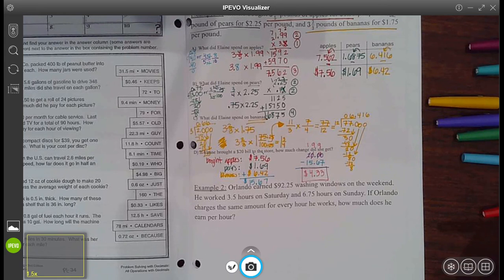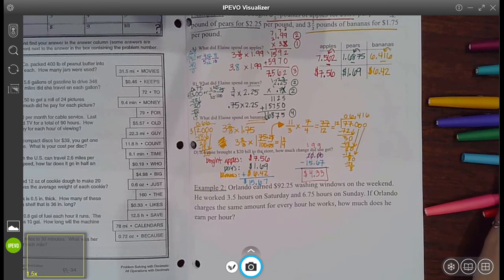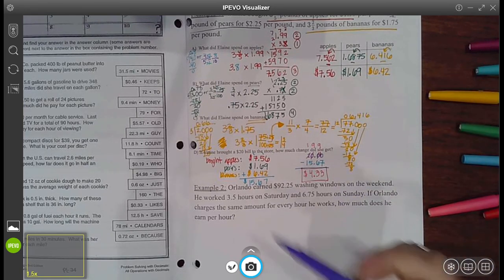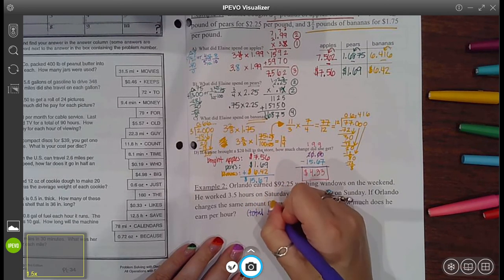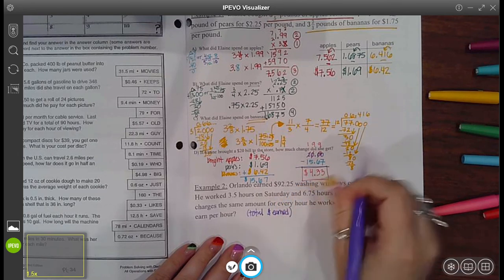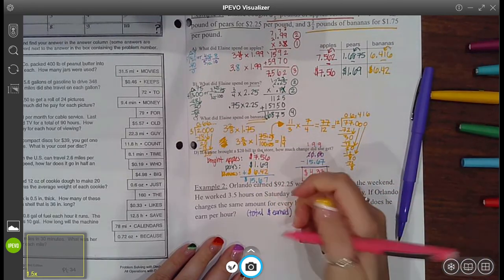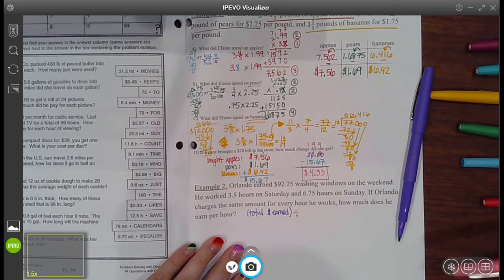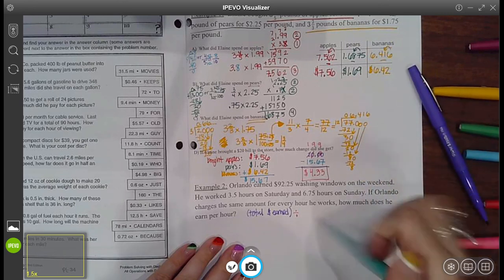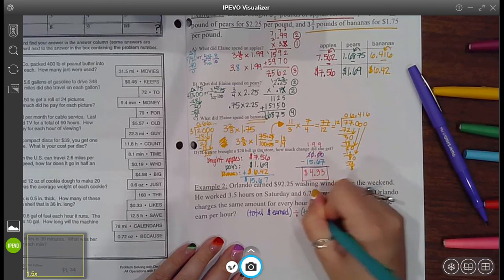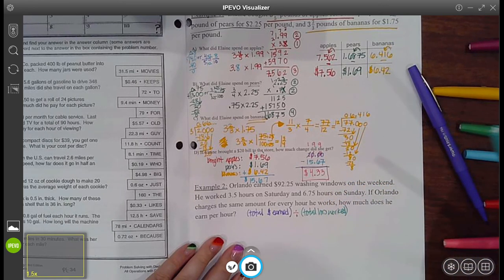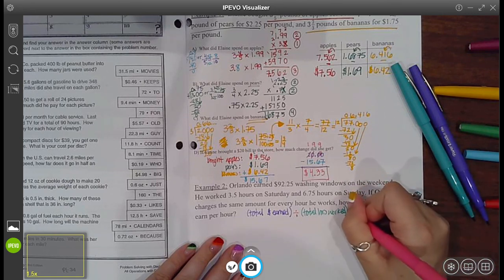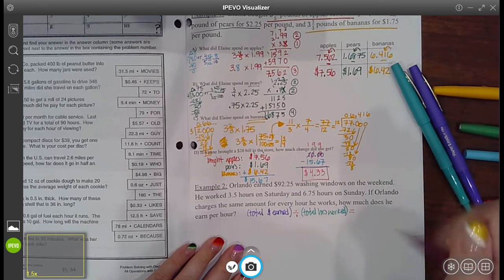Okay. Try to think about what you want to figure out for this problem. I think that if you talk about the total money earned and you divide that by the total hours that you worked, that will equal how much you earn per hour.